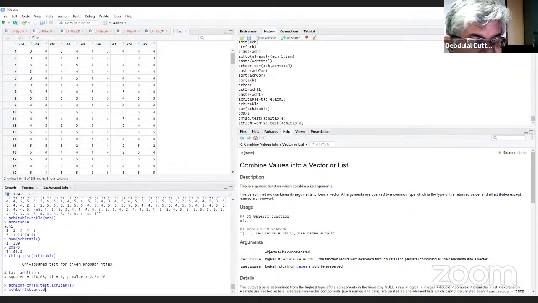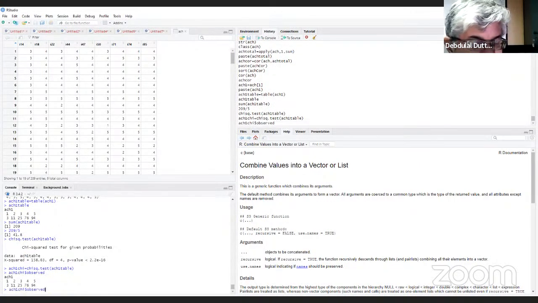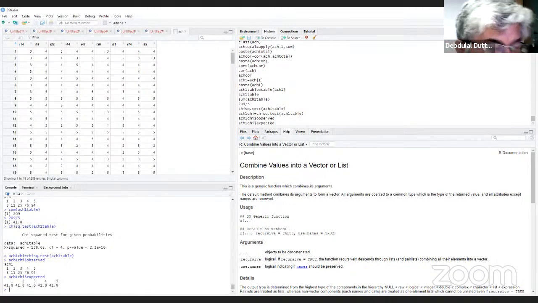So this is the observed data. This is the expected data. Is it clear to all of you? Why 41.8? I have shown you. That is, I have collected data from 209 people. So if we think about the equal probability hypothesis, then the observation will be 41.8. Okay, so that is the expected value.